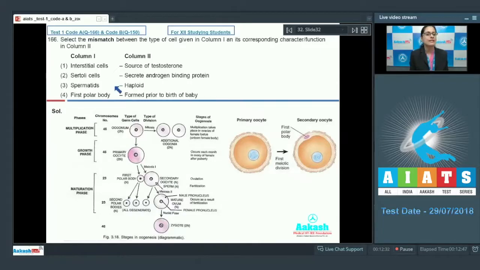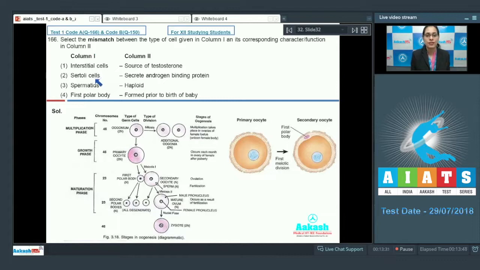Question number 166. Select the mismatch between the type of cell given in column 1 and its corresponding character or function in column 2. The very first option given in column 1 is interstitial cells.